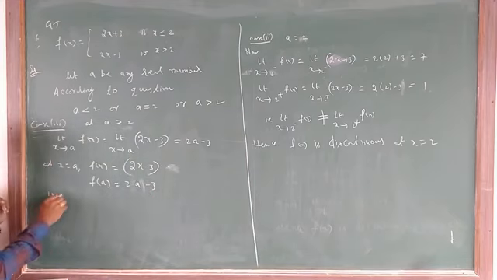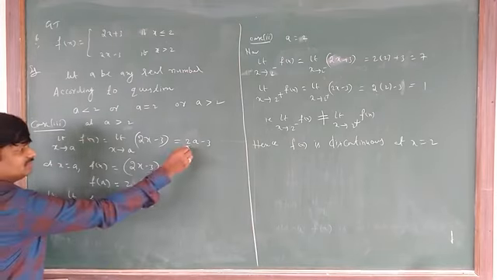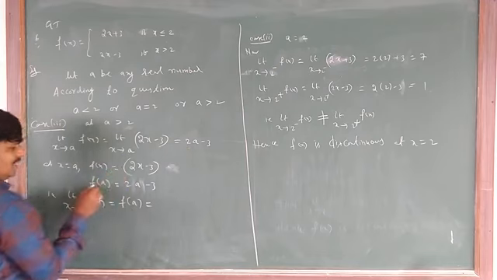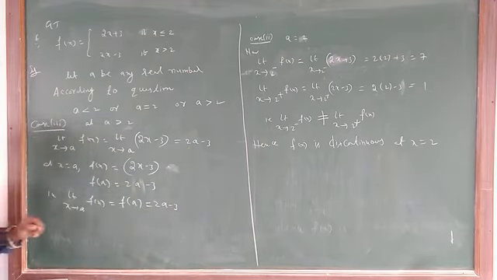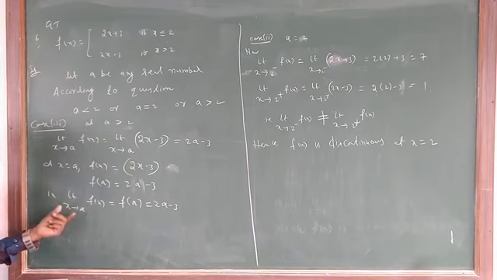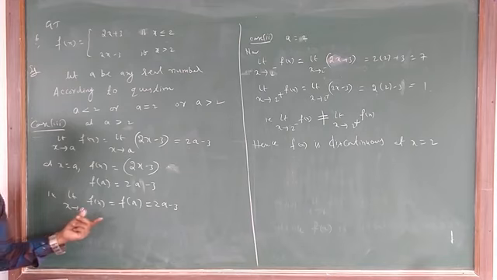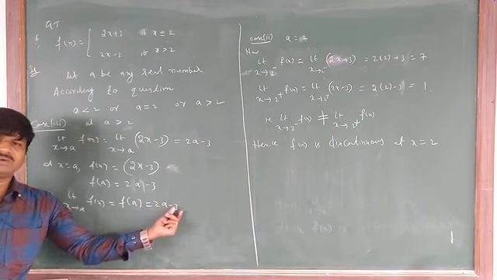That is what? That is the limit as x tends to a of f of x, and f of a, we got the same values. The limit value at a and the f of a value we got the same values, 2a minus 3. Yes or no? So what do you say? The limit existed, and that limit value equals f of a, 2a minus 3 only.